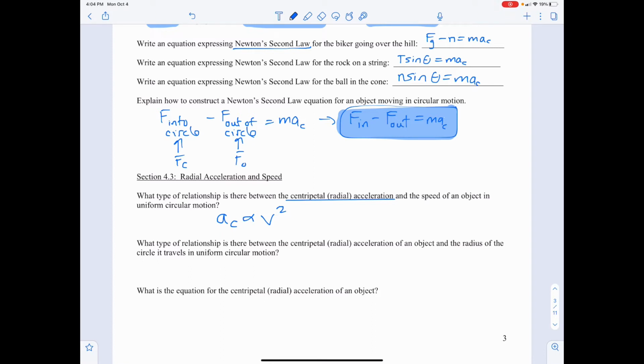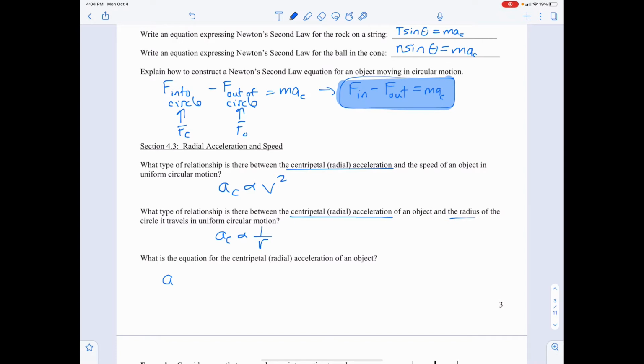Another thing we'll find out is that the centripetal acceleration is inversely proportional to the radius. So putting that together, AC is directly proportional to the square of the velocity and inversely proportional to the radius. We get an equation that looks like A sub C equals V squared over R, with no constant of proportionality needed.